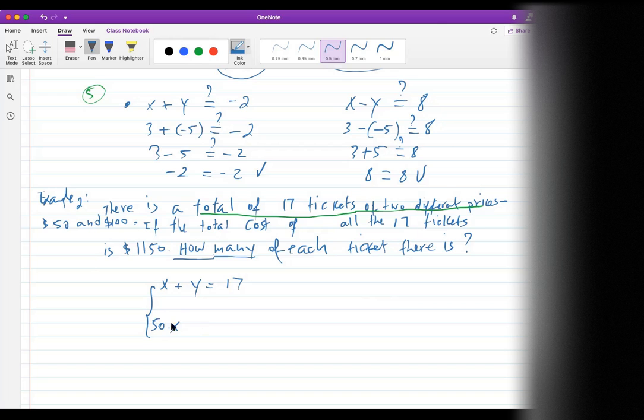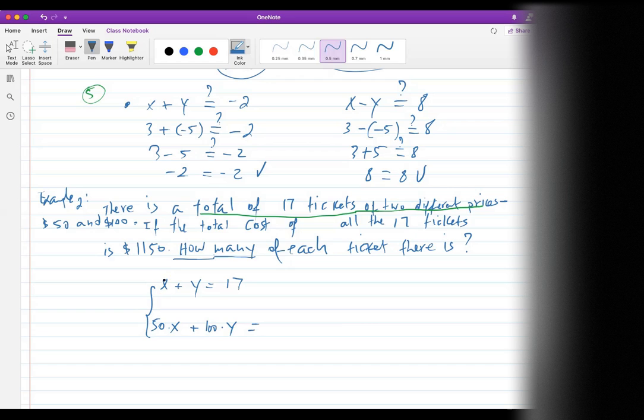Okay, now we're going to see the other one. The second type of tickets cost $100. If we have y tickets, y could be any number. How do we find the total cost of these tickets? Y tickets at 100 each will be 100 times y.